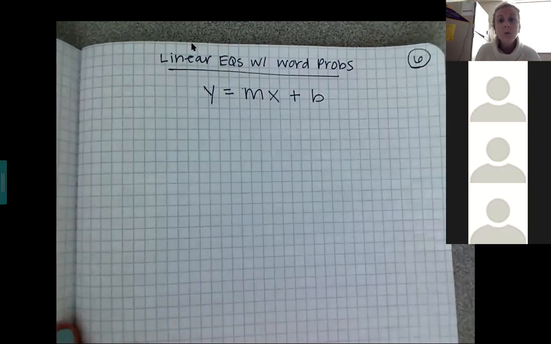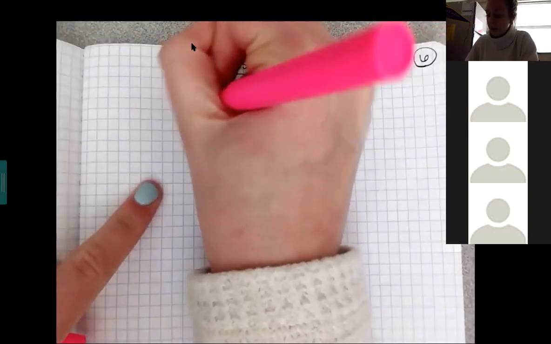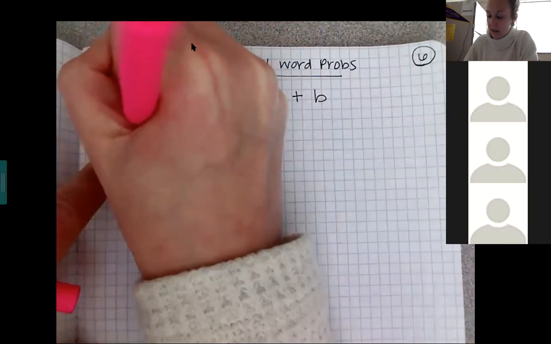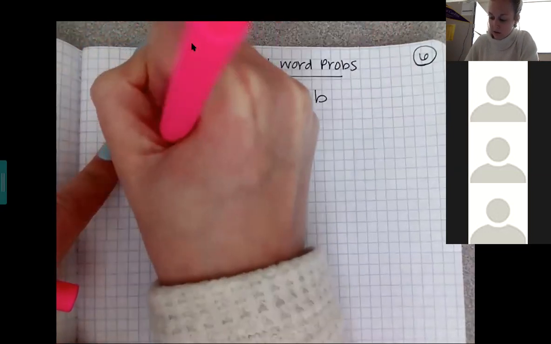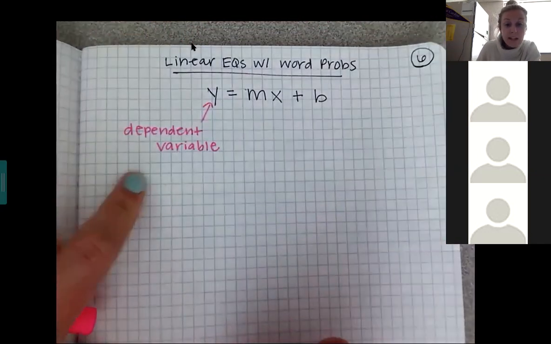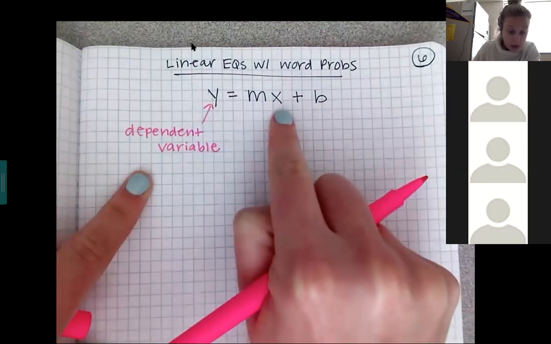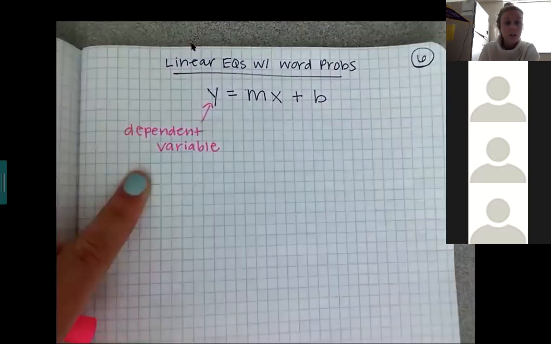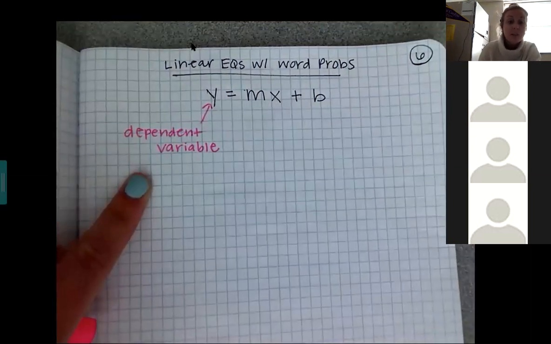All right, so y equals mx plus b. Y is called the dependent variable. Did we learn that? Okay. And if something's dependent, it means it depends on this one. It's affected by whatever this one does, right? So the dependent variable always goes with the equal sign.